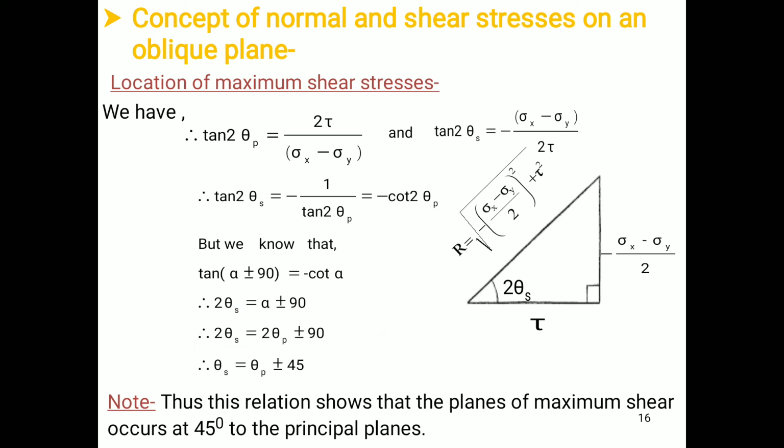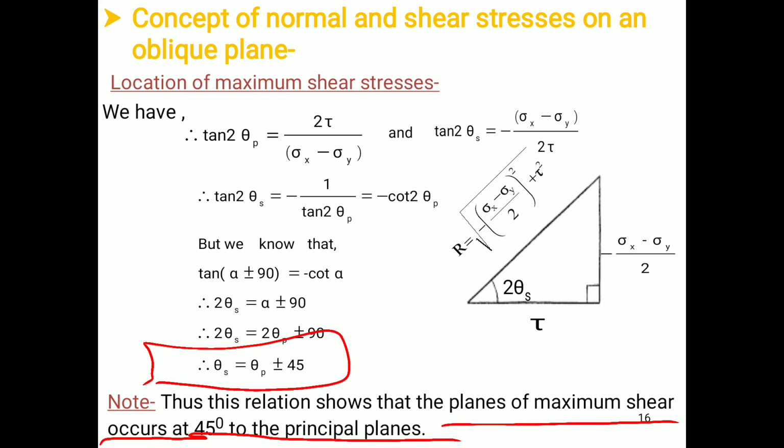After solving this equation, the final answer is theta s is equal to theta p plus minus 45 degrees. So this equation shows that the plane of maximum shear stress occurs at an angle of 45 degrees with the principal plane.